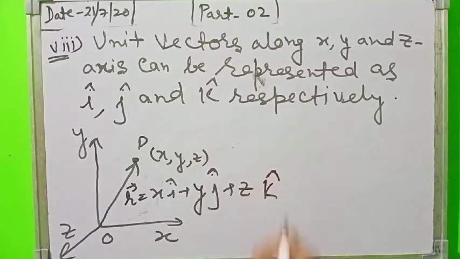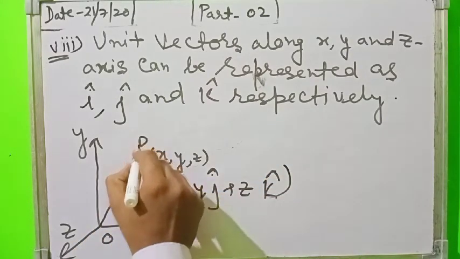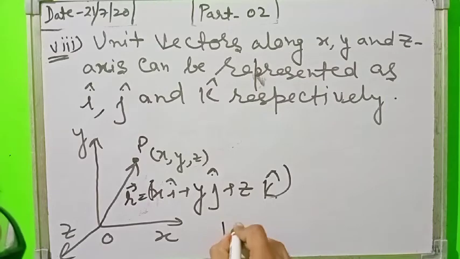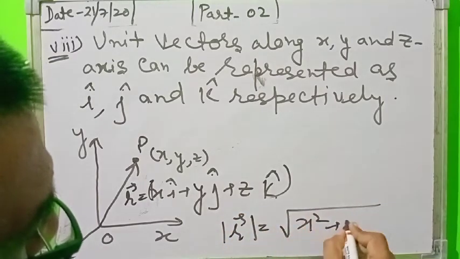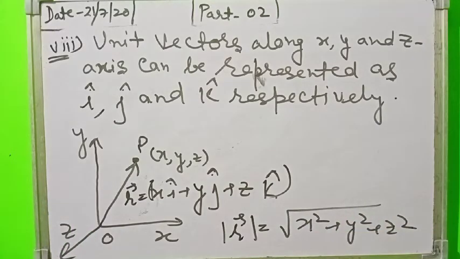This vector represents the position of point P in the 3-dimensional coordinate system, and the magnitude of vector r is given by the square root of x square plus y square plus z square. So this is about the unit vector along x, y and z axis.